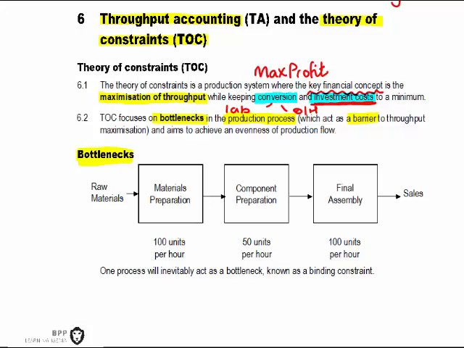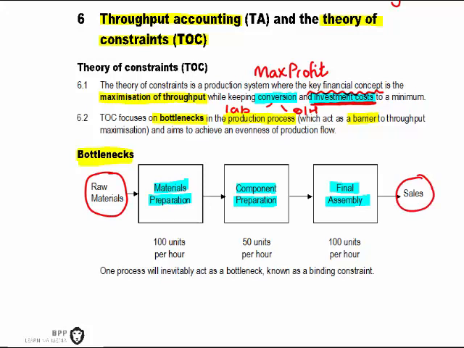This is actually illustrated quite nicely in this diagram. Let's just say that we've got 3 processes that go into the manufacture of a product. So we've got materials preparation, component preparation, and then final assembly. Now we've got raw materials going into these processes, and finally we've got sales at the end.